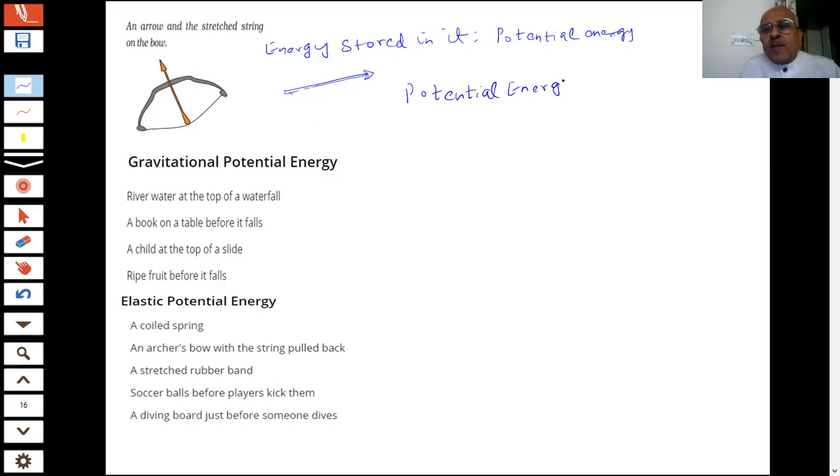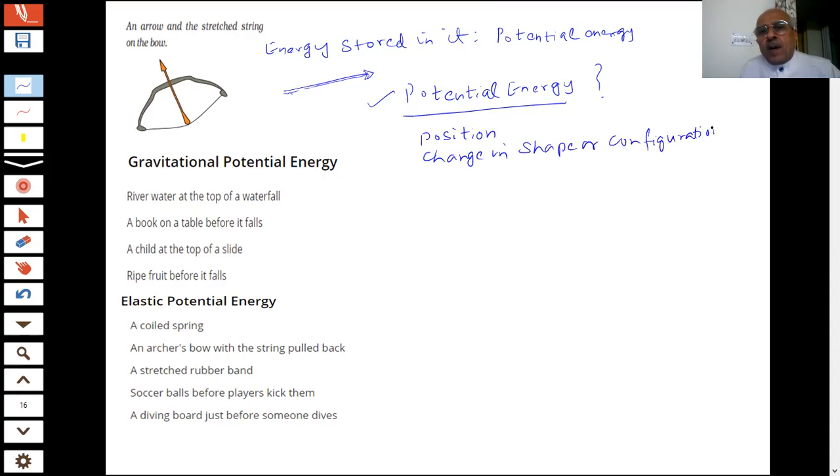Can you tell me in 30 seconds, student, what is the definition of potential energy? Fast, 30 seconds. What is potential energy? Students, what is your answer now? Energy possessed by a body due to position, change in shape or configuration, or due to height.